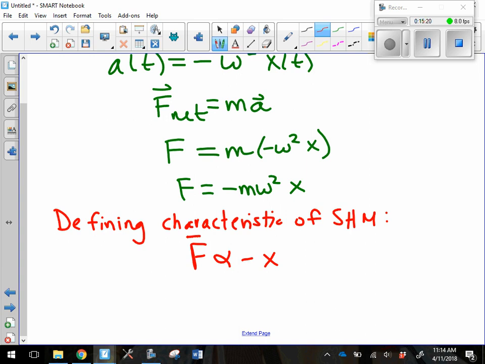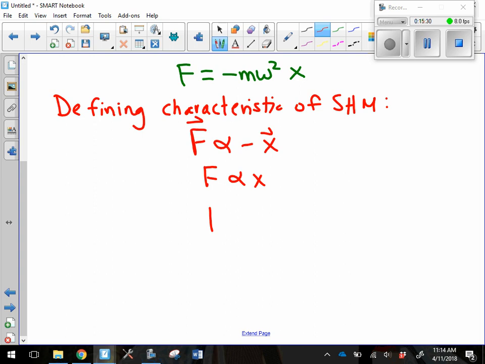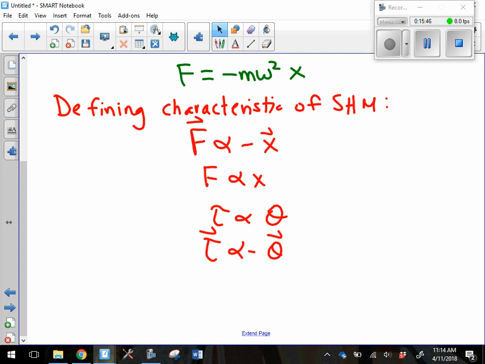And I suppose we should put vector symbols on there because sometimes you'll see that the magnitude is proportional to x. What you might also see is that tau is proportional to theta, or tau is proportional to negative theta if we're dealing with vectors.